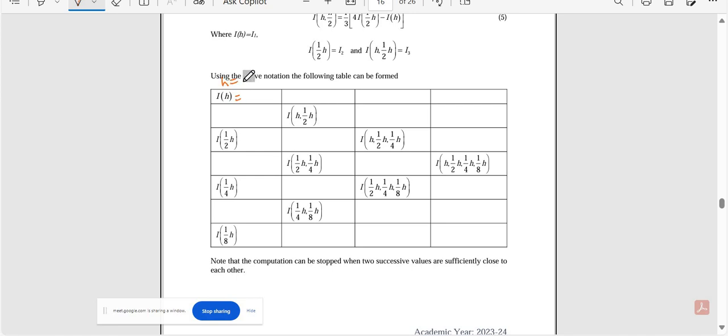For example, they give h equal to 1. You start with h equal to 1, and I of h is found with the trapezoidal rule. With the help of the trapezoidal rule, you find the integration from a to b of f of x dx. Clear, everybody?